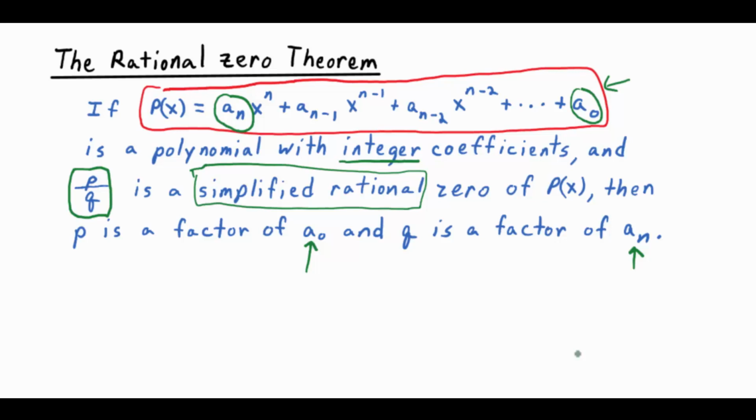So what this will give us is like a list of suspects, a lineup of suspects, if you will. And some of them may be zeros. Not all of them will be. Sometimes none of them will be zeros. It only gives you rational zeros, possible rational zeros.